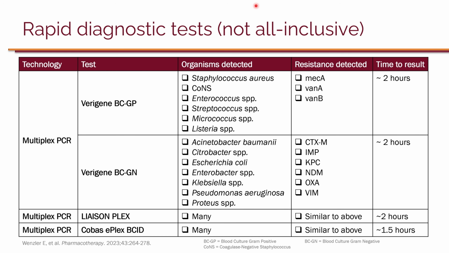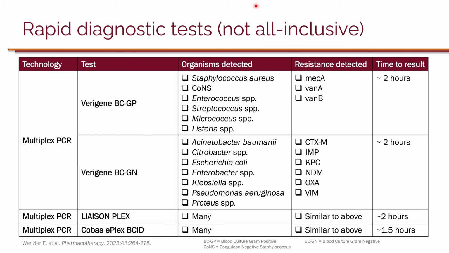Another example of a PCR is the Verigene test, and it comes in two different panels. One is a gram-positive blood culture panel and one is for gram-negative. You can see the organisms again are listed here. It works in a similar way, so it will detect genes from these organisms. If they are detected, they are suggestive of the presence of the organisms in the sample.